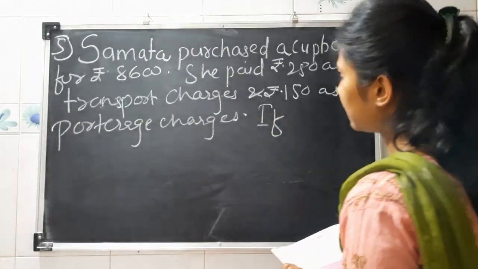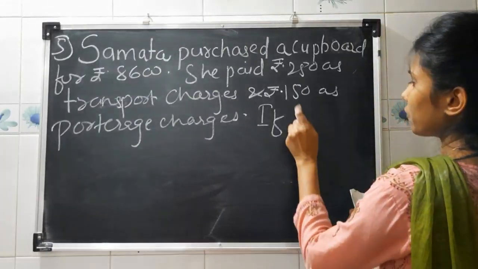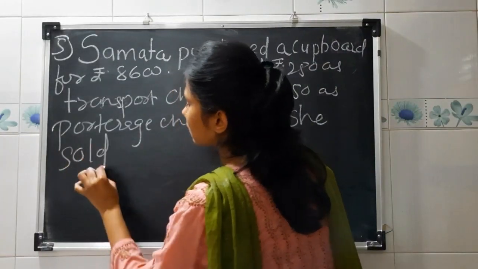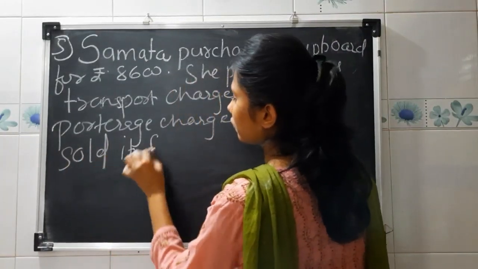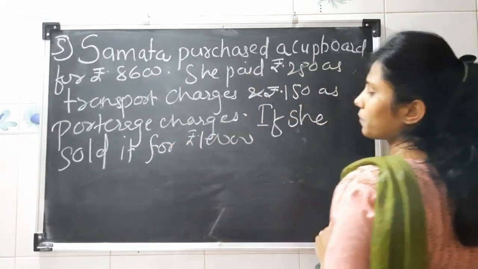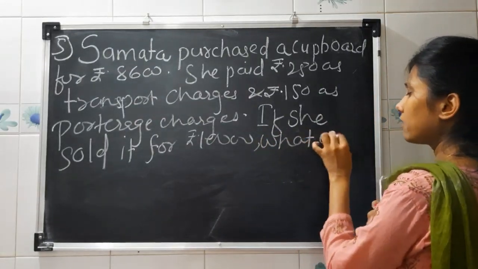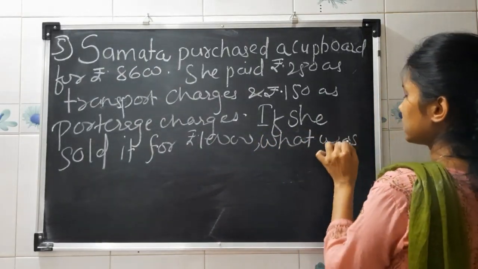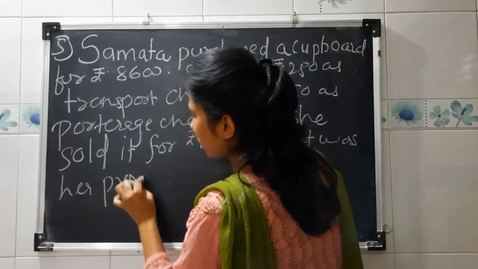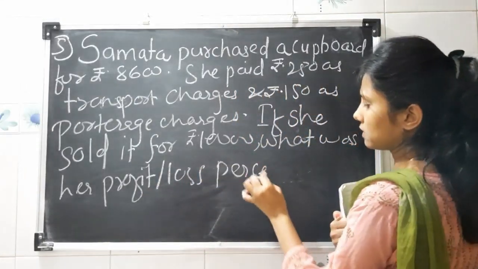They have given you selling price. You have to find out the profit or loss percent. So if she sold it for rupees 10,000, what was her profit or loss percent?